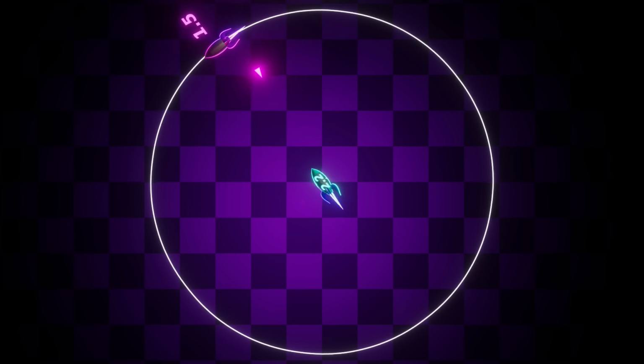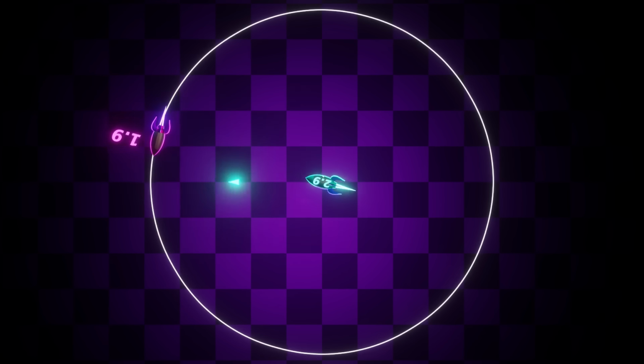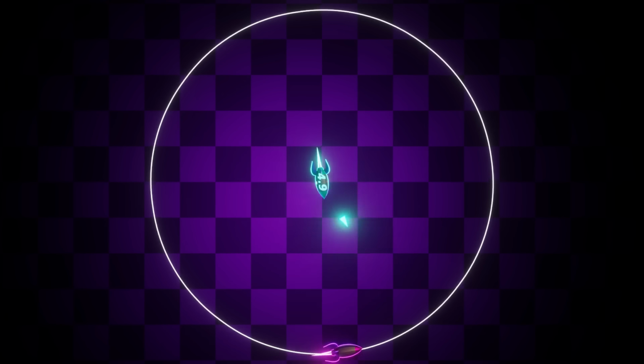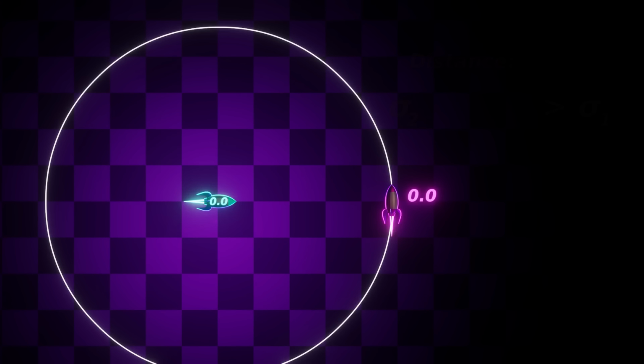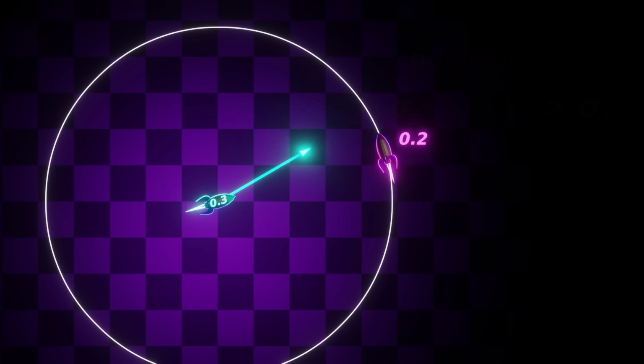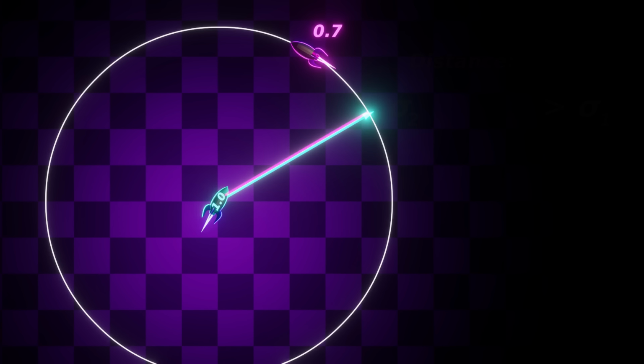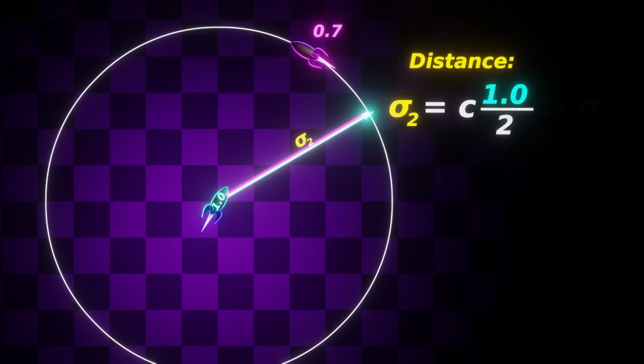Let us explore this with simple light signals again. Consider a blue rocket at the center and a purple rocket orbiting the center at some radius. Let the blue rocket first gauge the distance by sending a beam to the purple rocket, which then reflects the signal back. The blue rocket records the time and decides, as before, that the distance between the rockets must be the travel time times the speed of light.